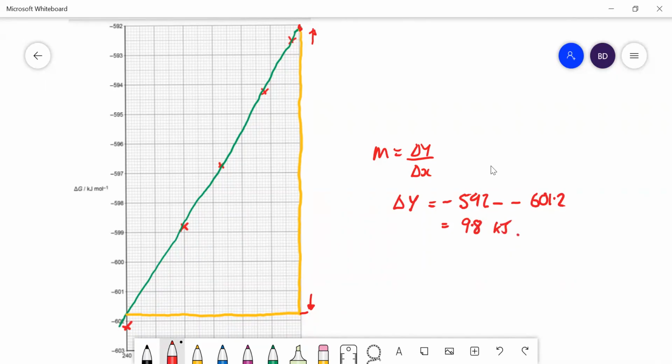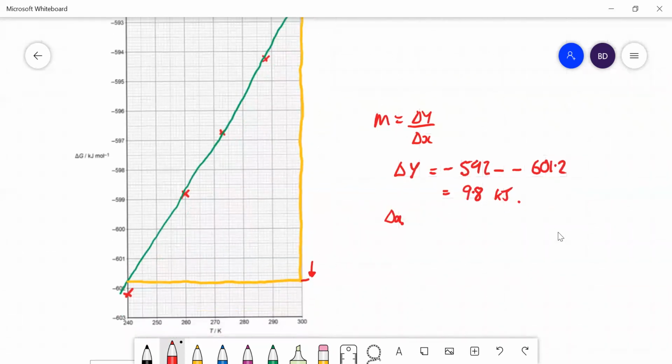Right, and then we've got to work out delta x. Well, delta x, this yellow line I've drawn here, so that point there to there, so that's going to be 300 Kelvin minus 240 Kelvin, which is equal to 60. So our gradient is going to be equal to 9.8 over 60. That is equal to 0.163.